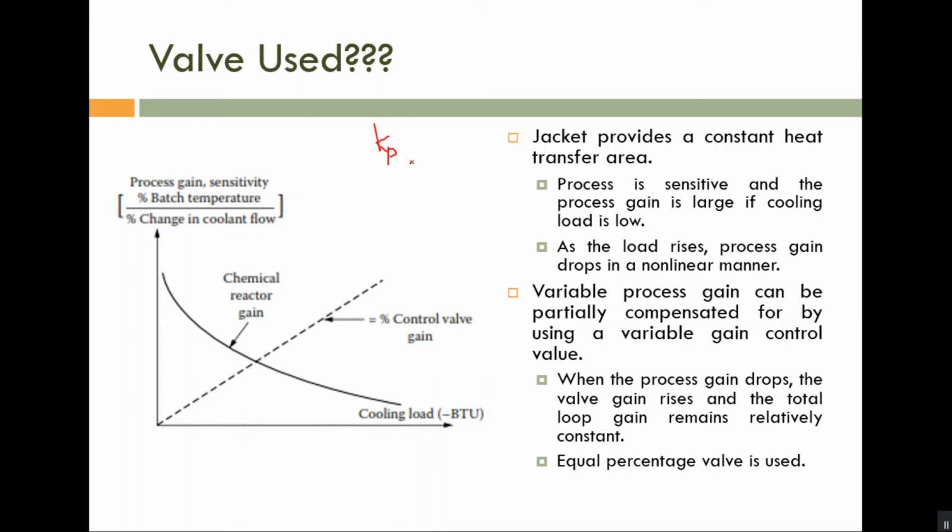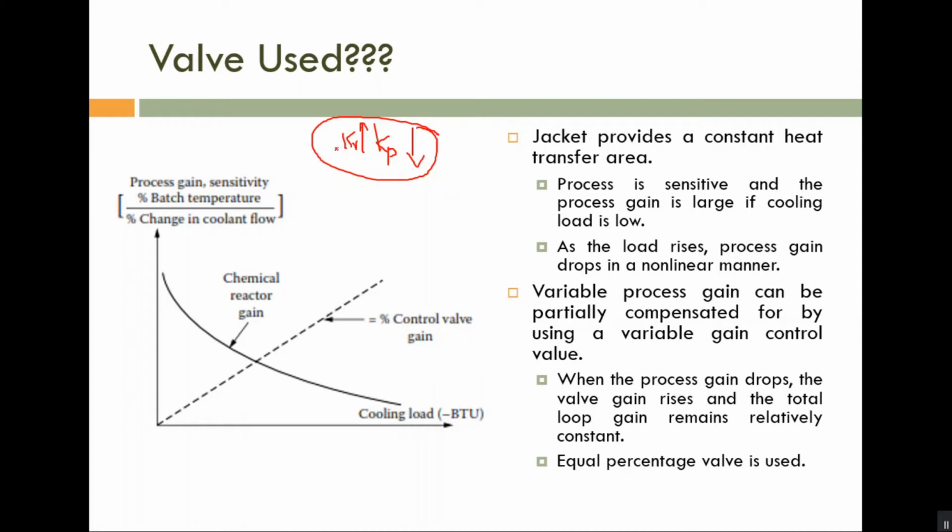we have to provide something which will maintain the loop gain. We can say that is Kv. So if Kp is decreasing, simultaneously this one must be increased, so that the product Kv into Kp will be constant.